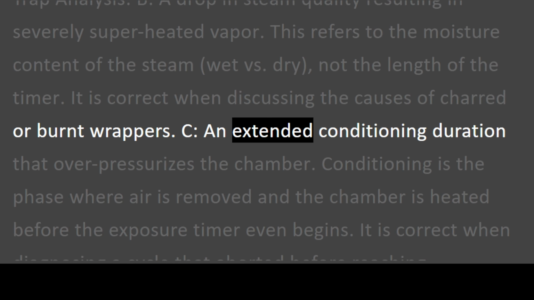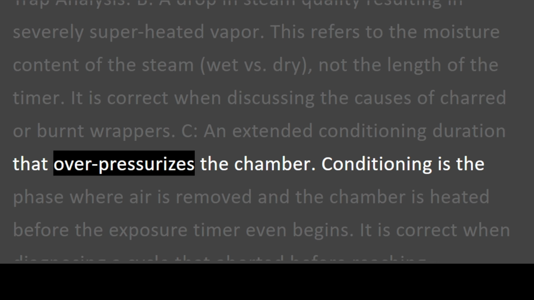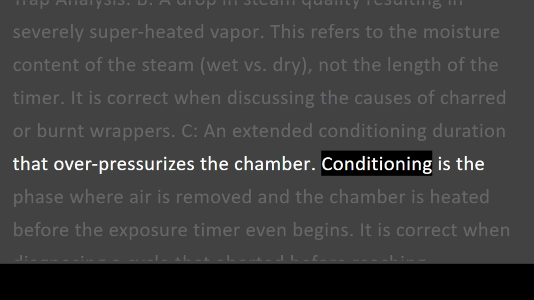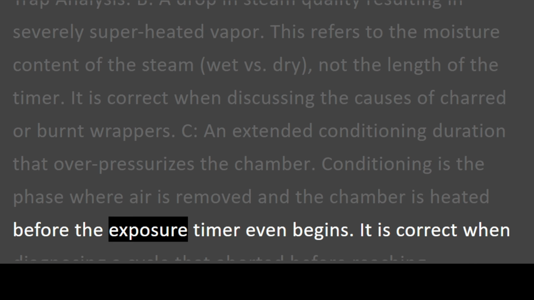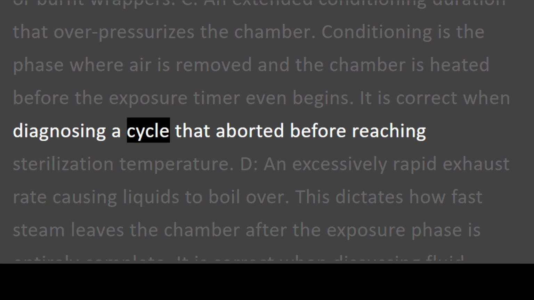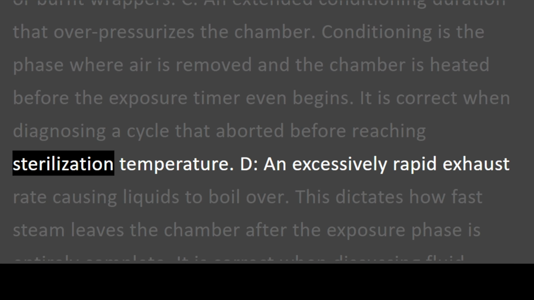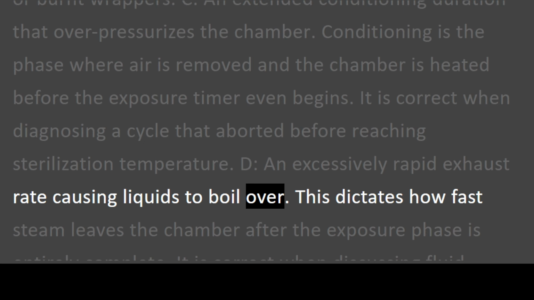C. An extended conditioning duration that overpressurizes the chamber. Conditioning is the phase where air is removed and the chamber is heated before the exposure timer even begins. It is correct when diagnosing a cycle that aborted before reaching sterilization temperature. D. An excessively rapid exhaust rate causing liquids to boil over.